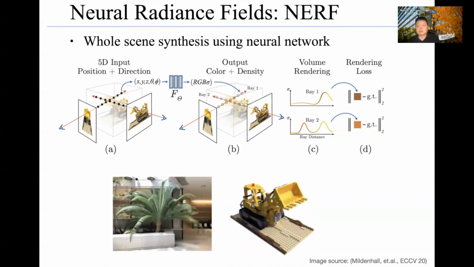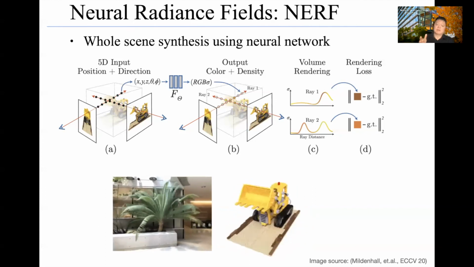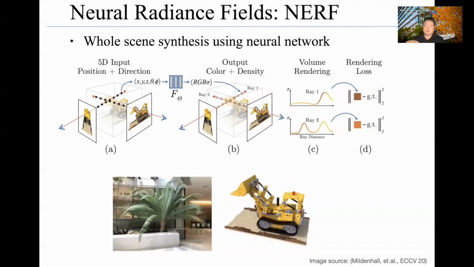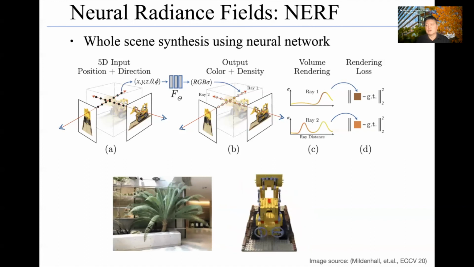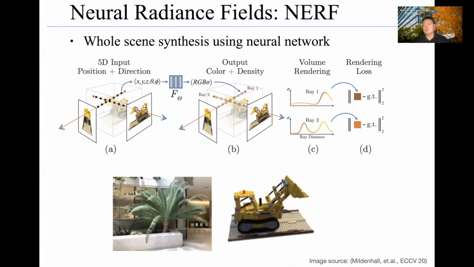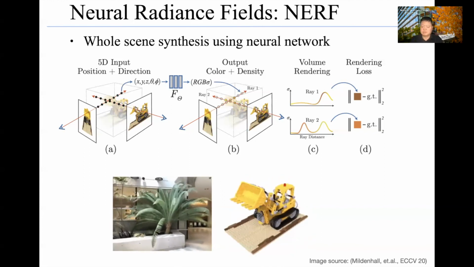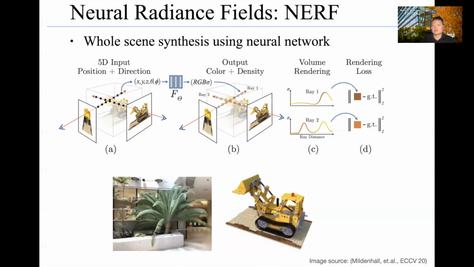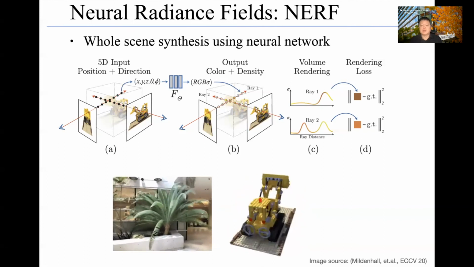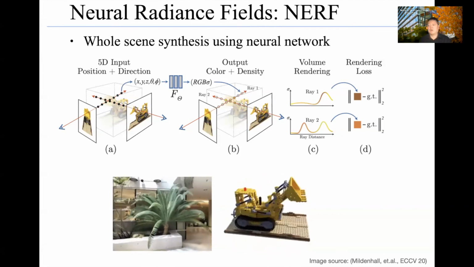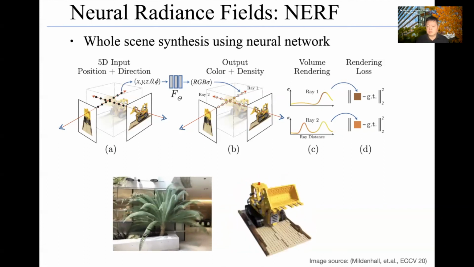This NeRF model is very effective in capturing all the fine details of the 3D scene and then being able to re-render scenes at different viewing angles. In the two examples I show here, just from a few photographs, we can actually recreate the whole 3D scenes.